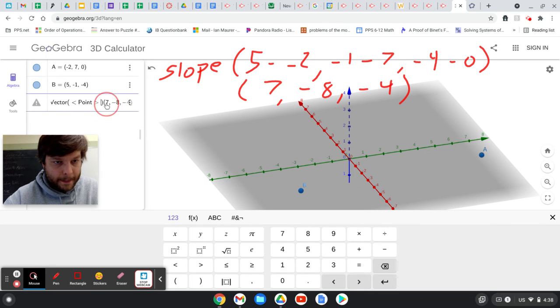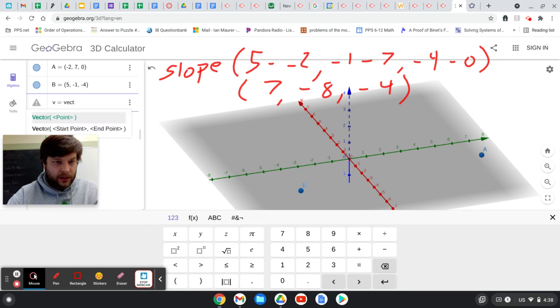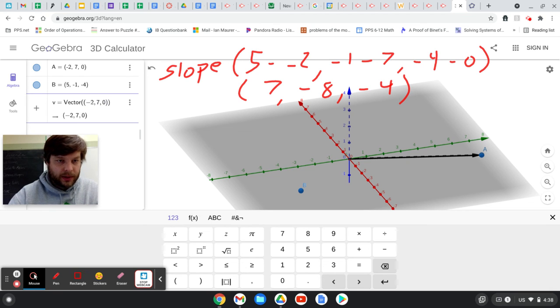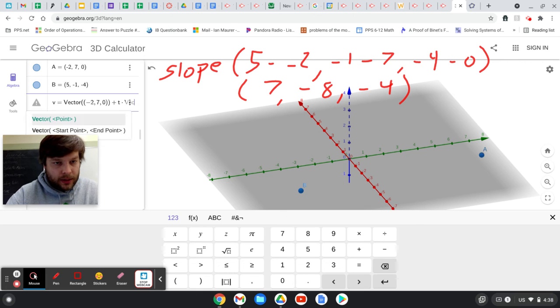There we go. Okay, let's try this again. So v equals vector, and I type in -2, 7, 0. That part works fine. Plus t times the vector. Oh, that's right. I needed to hit the times button. There we go. That's what we needed.